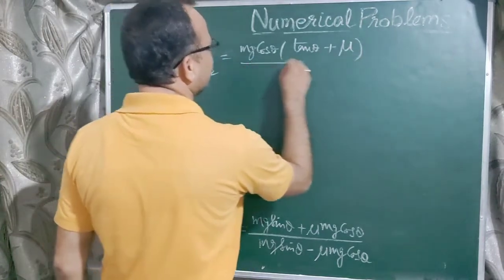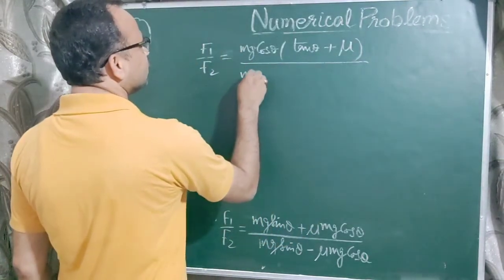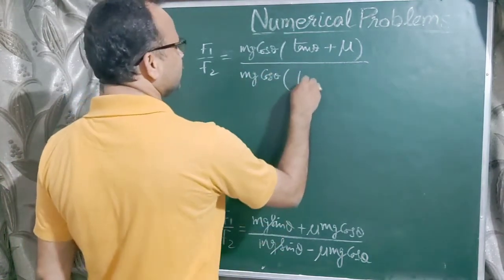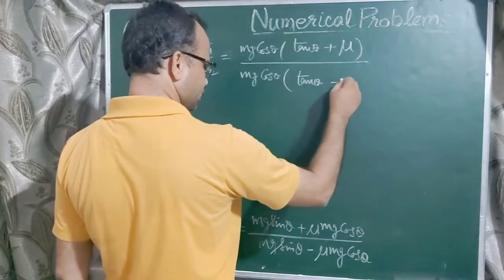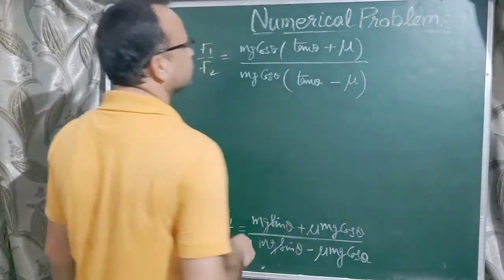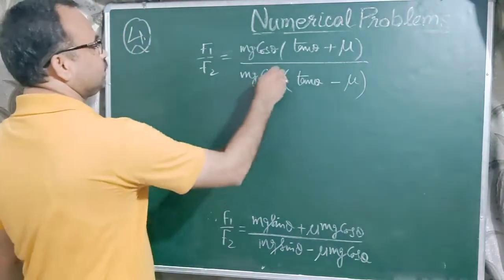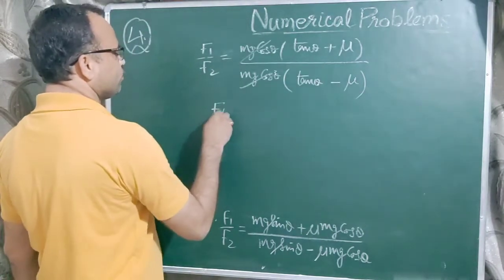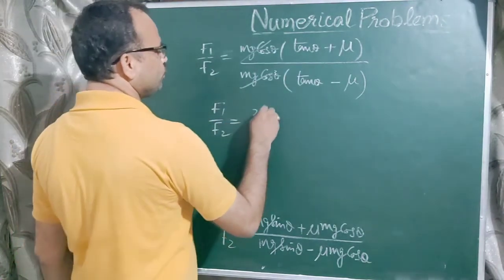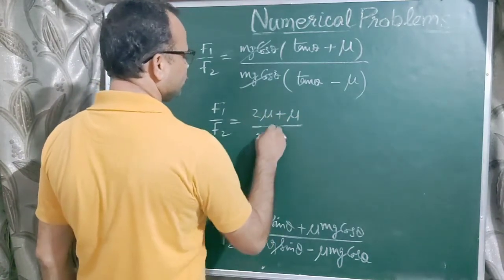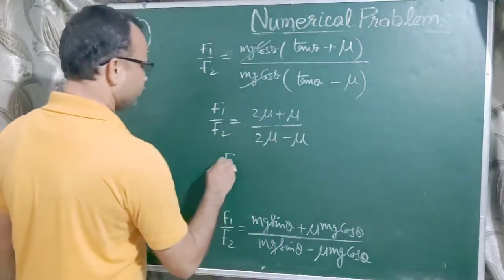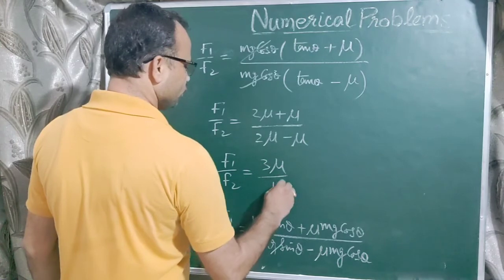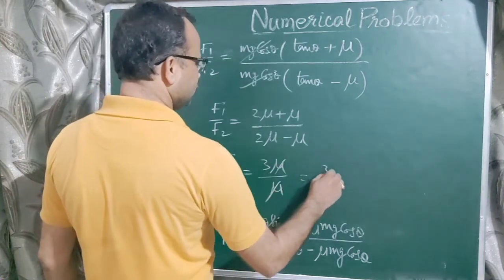In the denominator again take the common mg cos theta, and here tan theta minus mu. But in the question it is given that tan theta equals 2 mu, so F1 upon F2 is equal to 2 mu plus mu upon 2 mu minus mu. So F1 upon F2 equals 3 mu upon mu. Cancel, 3:1.